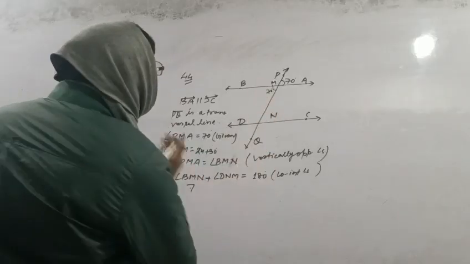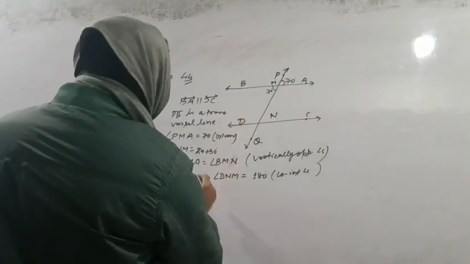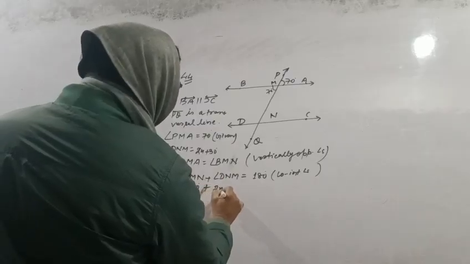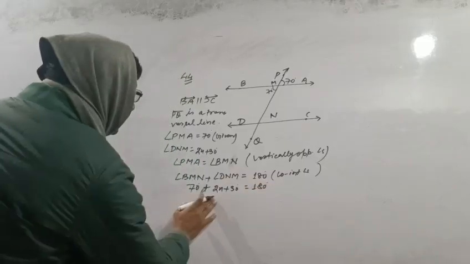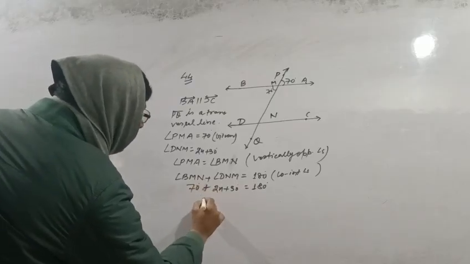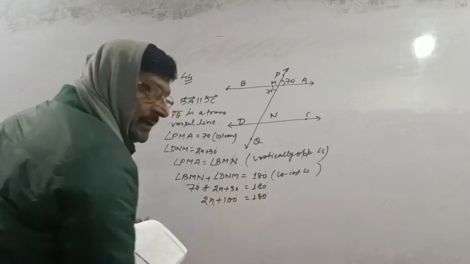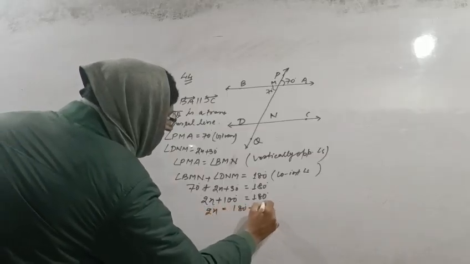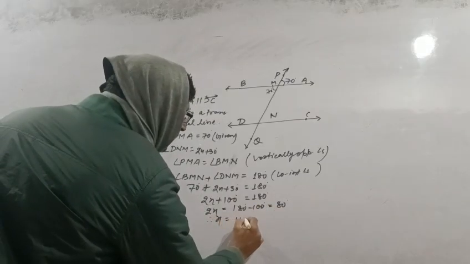BMN is equal to 70 degrees, and DNM is equal to 2x plus 30, so the sum is 180 degrees. Adding 70 and 30, we get 2x plus 100 is equal to 180 degrees. So 2x is equal to 180 minus 100, which is 80 degrees. Therefore x is equal to 40 degrees.